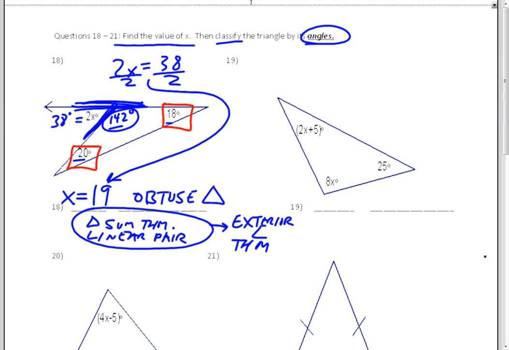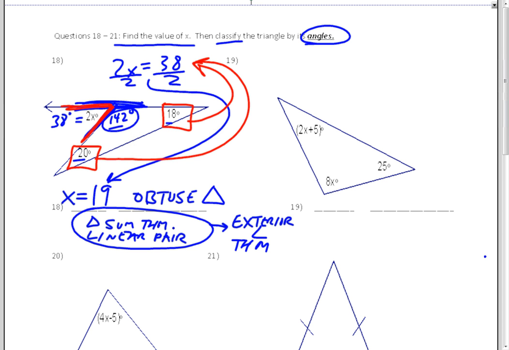What's 18 plus 20? Those two angles will always be equal to the exterior angle that they're not adjacent with.